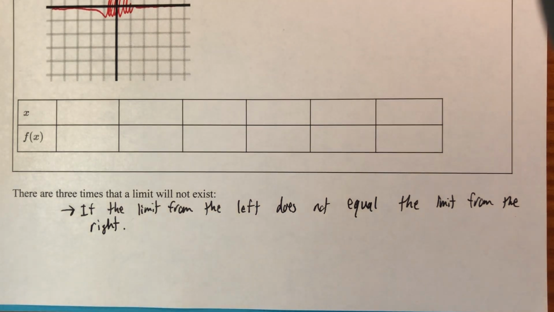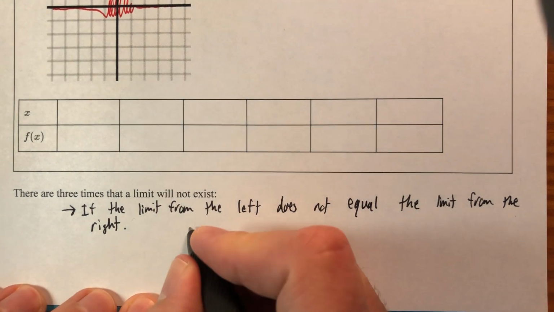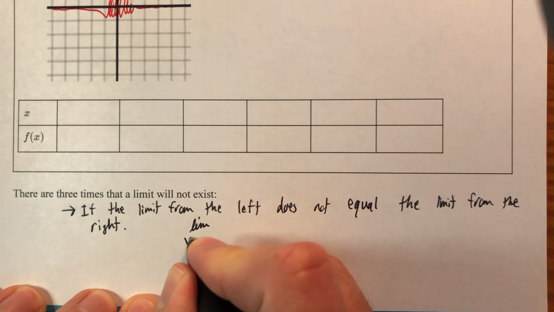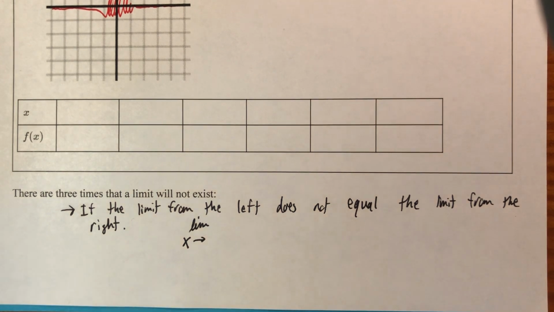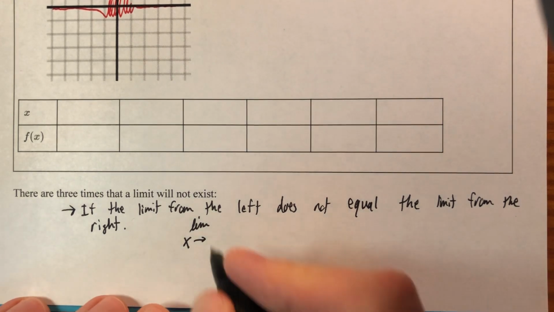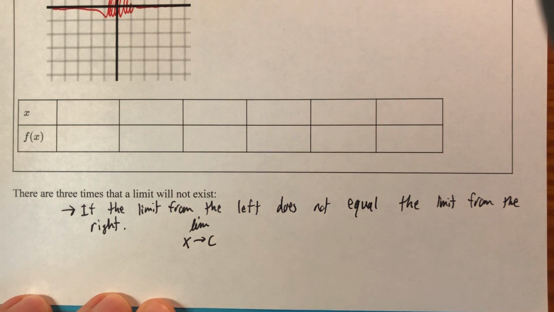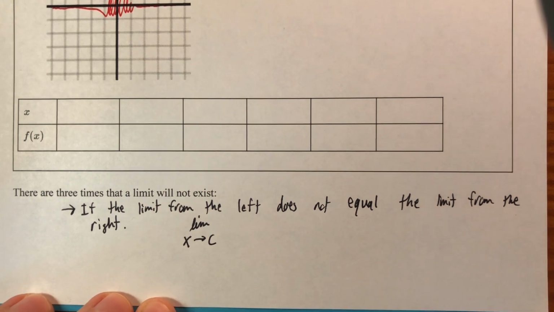Okay, there is a notation for this, and I want to go ahead and introduce it to you now. In a few lessons, you're going to use this notation a whole lot more. But the limit as x approaches some value. What value? Okay, most of the time in calculus, when we just want some random x value, we don't use x, we are using x in other contexts. So we're going to use c, like just some random constant that is an x value.